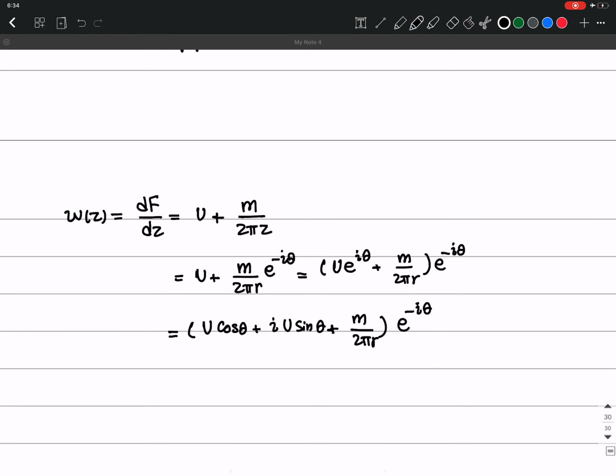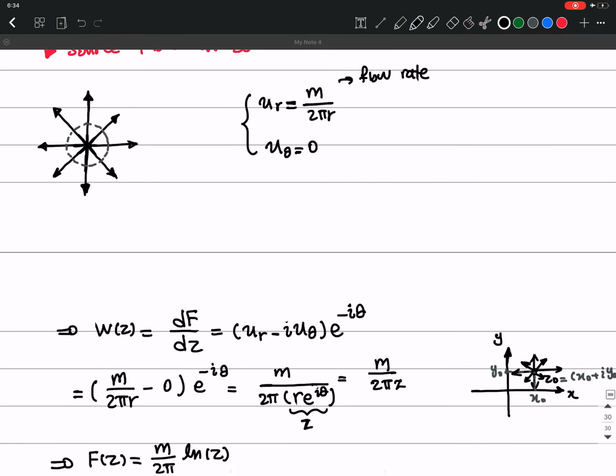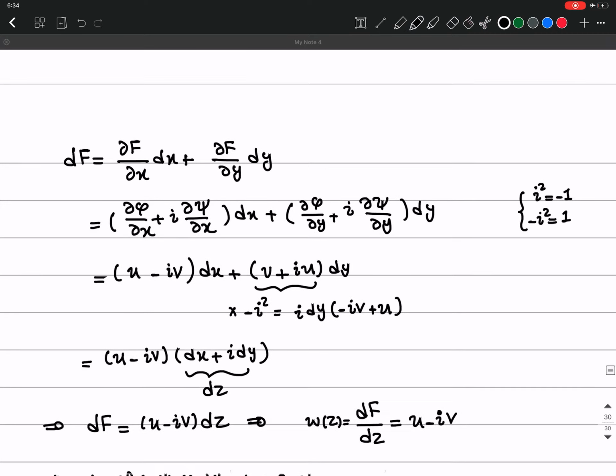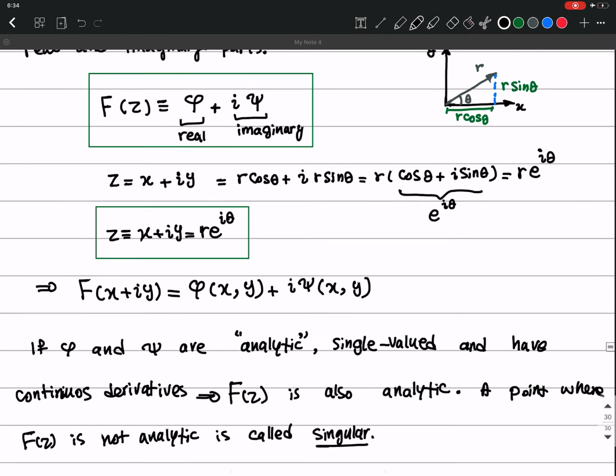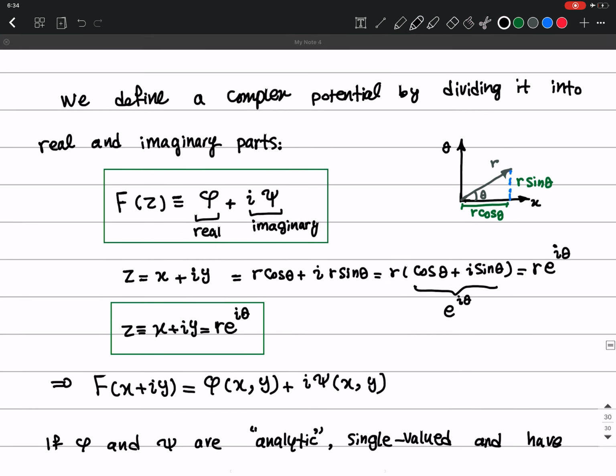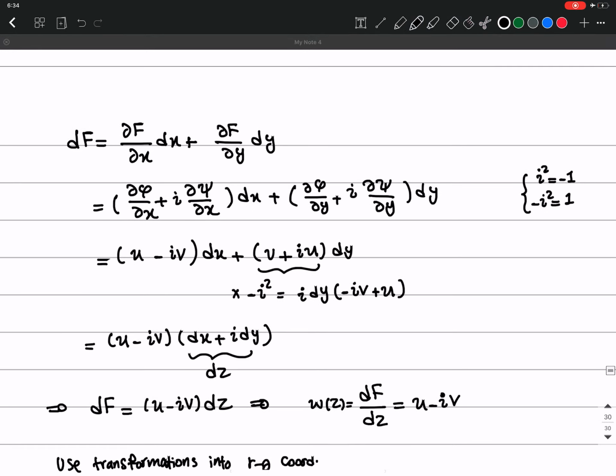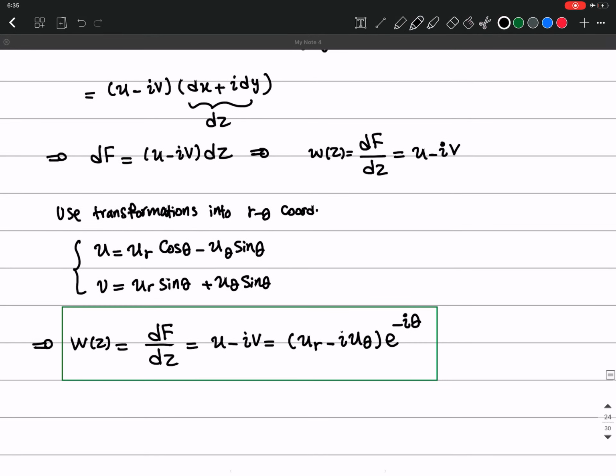So from this, I can say what the radial and tangential velocities are.